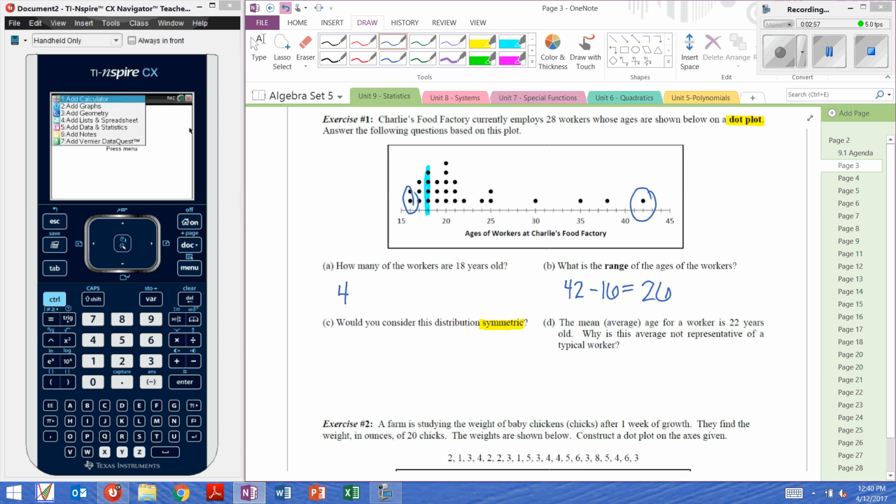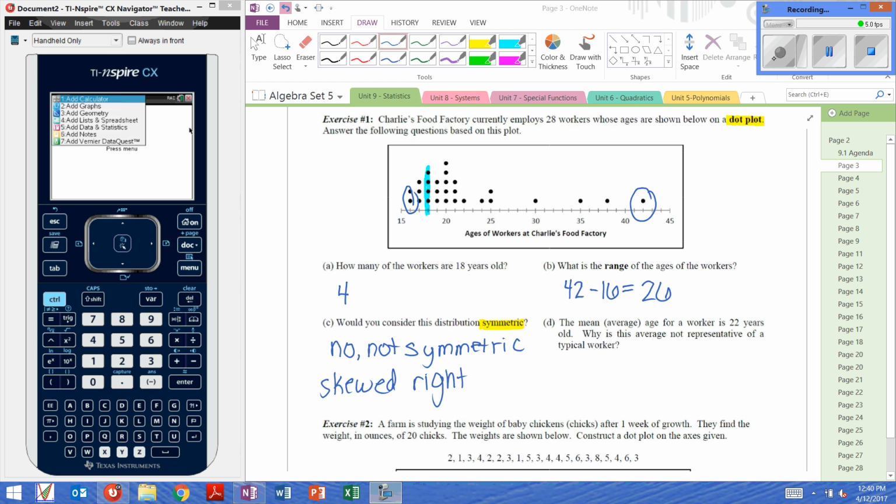But there are data points. So we would say no, not symmetric, and we can call this skewed right, because the tail happens on the right-hand side.